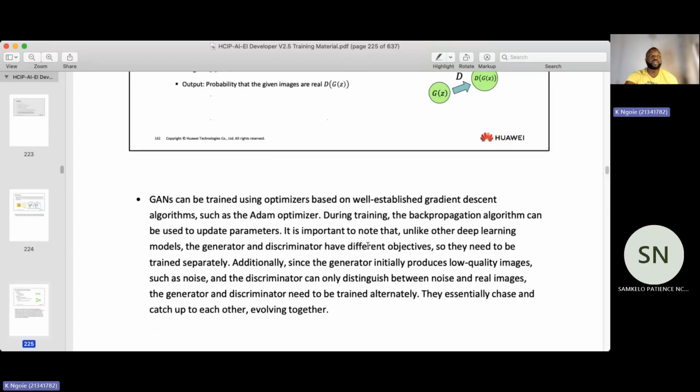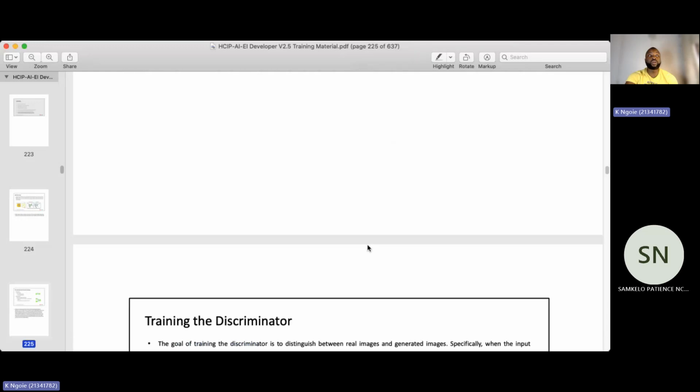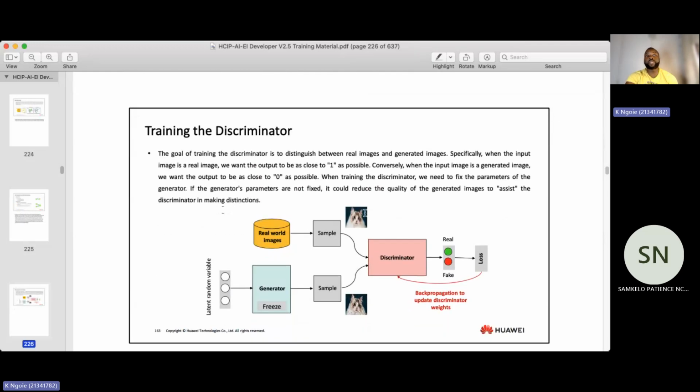So that's how the GAN will work. There are different ways of training that. The way the discriminator is trained is not the same way as the generator. So how this is going to work is that the generator will produce fake samples from random noise, like fake images, fake faces, depending on what you're dealing with.